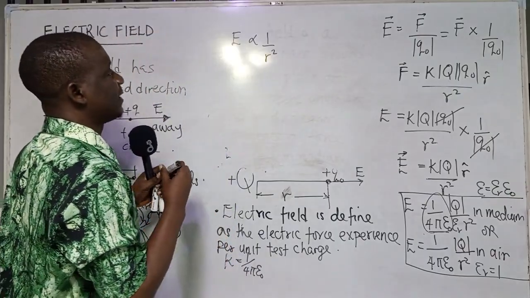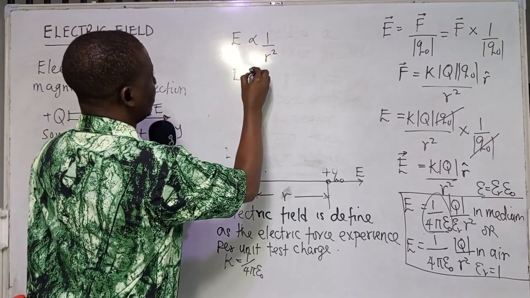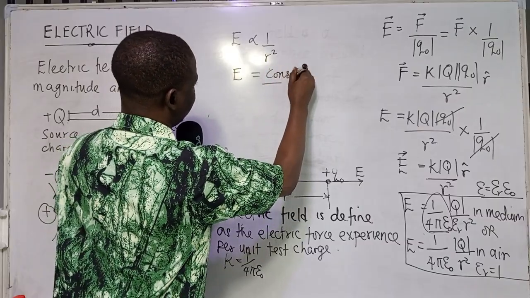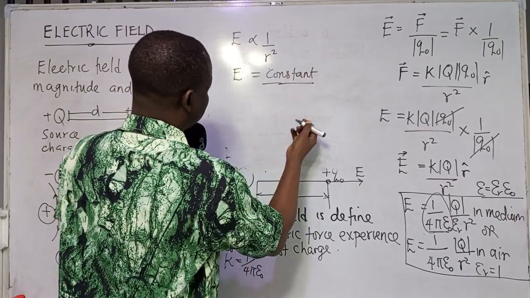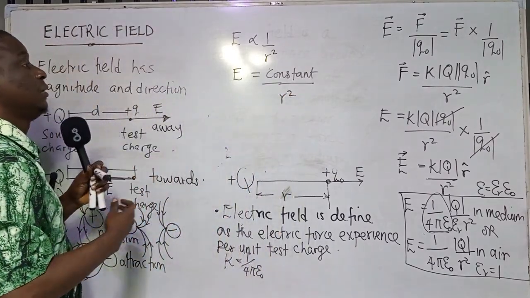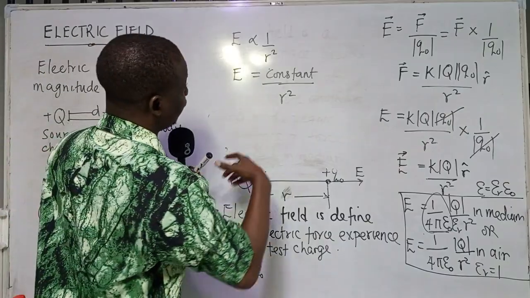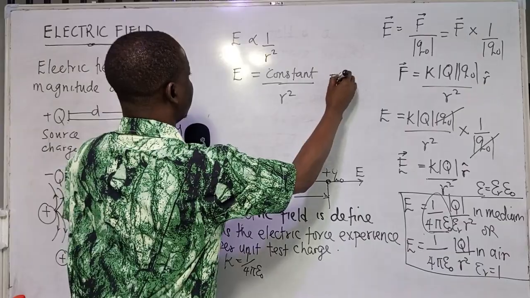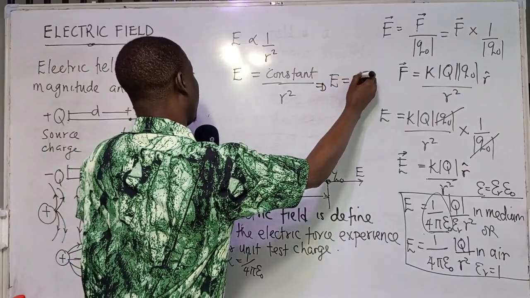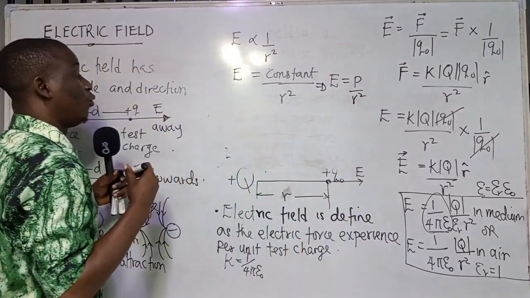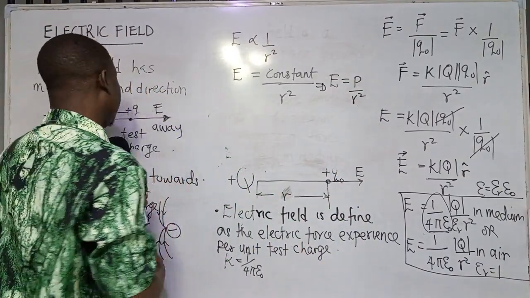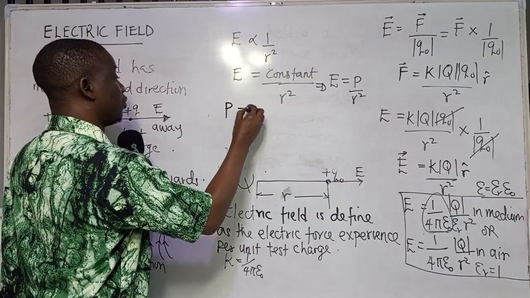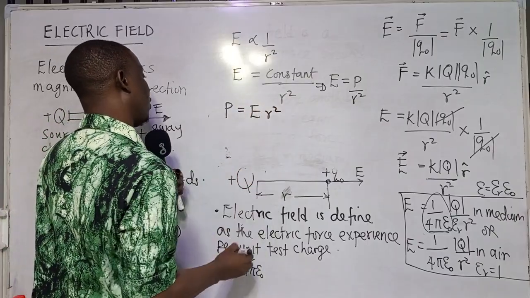So if E is inversely proportional to R square, we can say E is equal to a constant over R square. If you remove the proportionality, you can use any constant, for example P. That is E equals P over R square. Now, P is a constant. Let's make P the subject: P equals E R square, a constant.